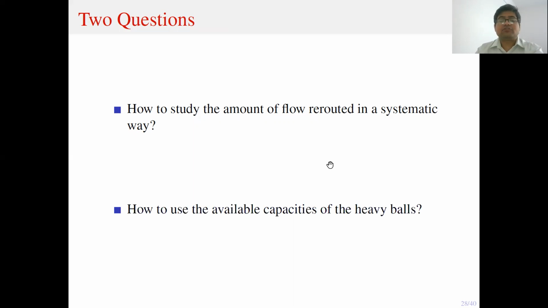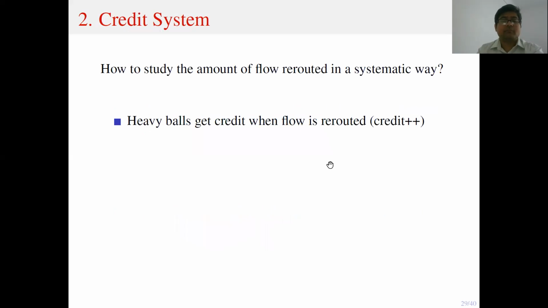We cannot just waste these available capacities. Otherwise, I am going to lose those capacities, and I might end up opening too many balls in the solution. So to address these two questions, we need the second idea, which is called the credit system.